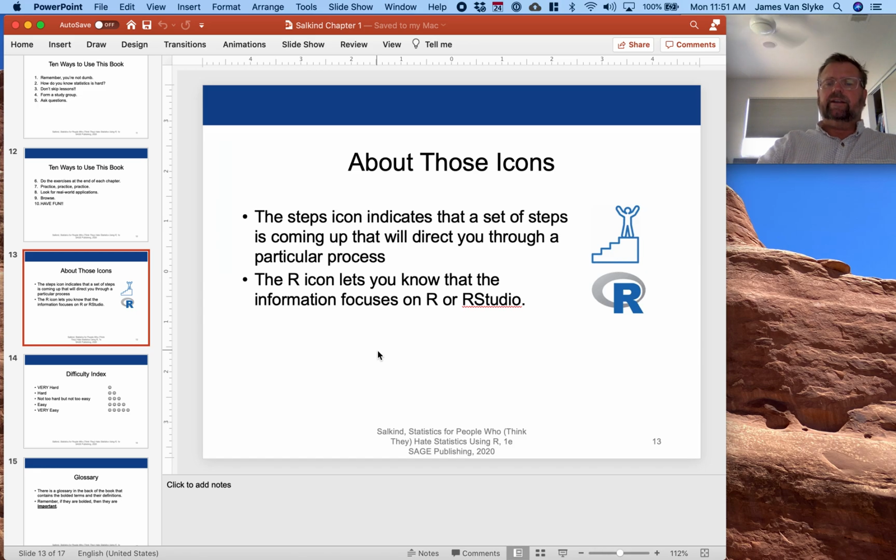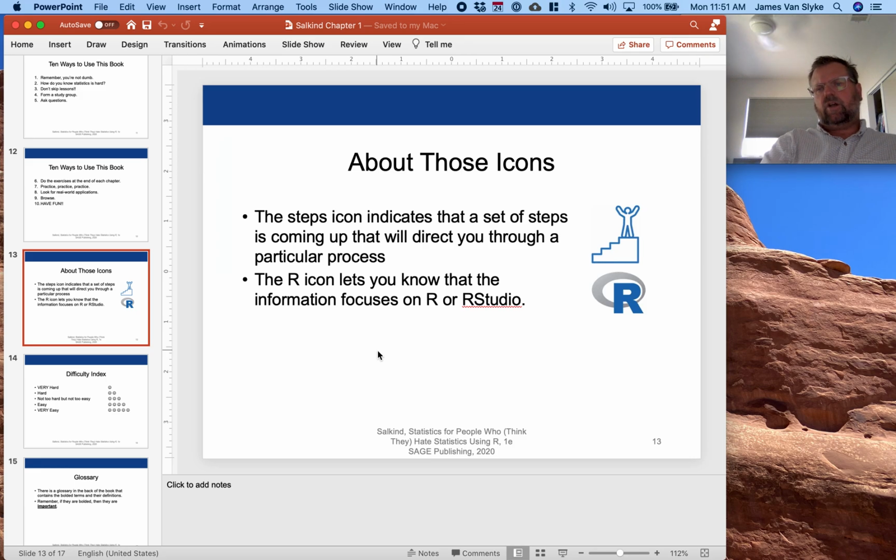Here are some of the icons that you'll see within the book itself. The steps icon indicates that a set of steps is coming up and directs you to that particular process. So these icons will help with showing you the steps that you need to complete a particular statistical task. The R icon lets you know that the information focuses on R or RStudio.